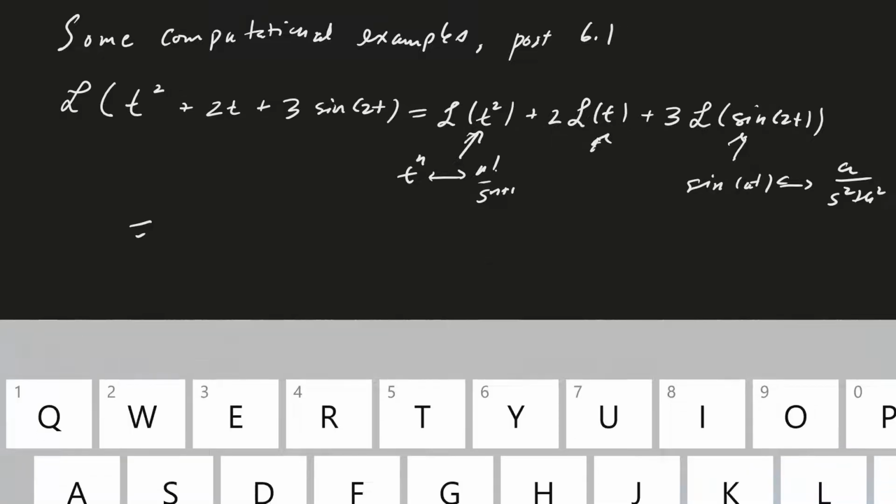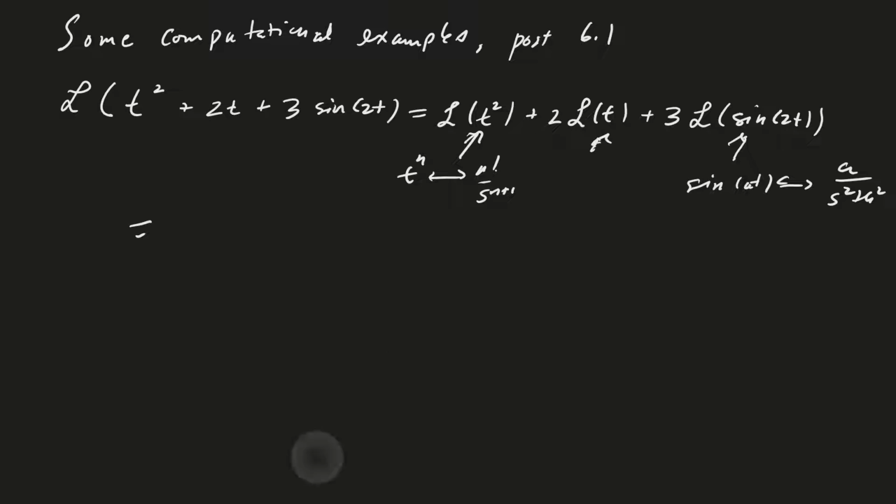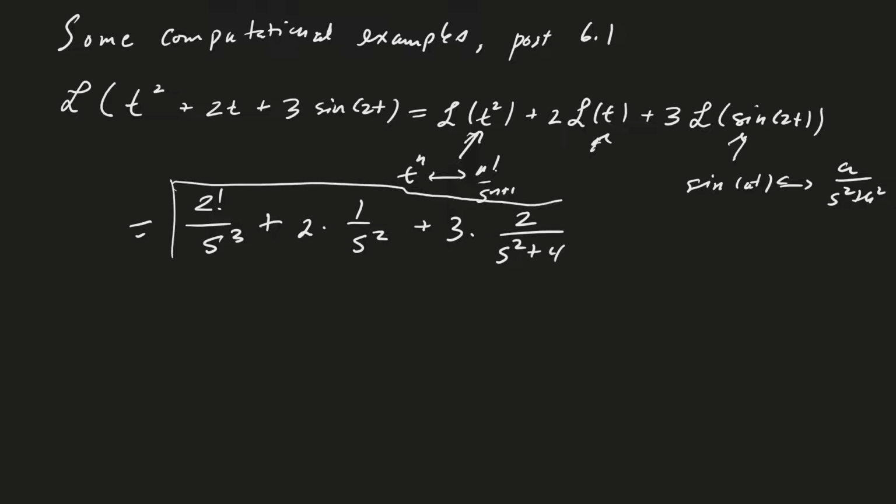So the Laplace transform of t squared will be 2 factorial divided by s cubed, plus 2 times the Laplace transform of t, which is 1 over s squared, plus 3 times the Laplace transform of sine of 2t, which is 2 over s squared plus 4. Okay, so this is the Laplace transform. Good.